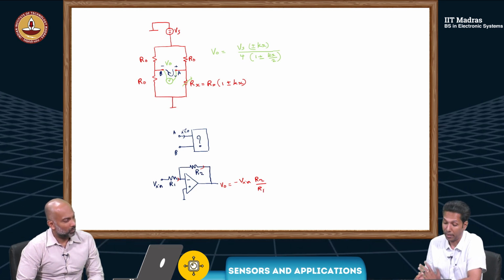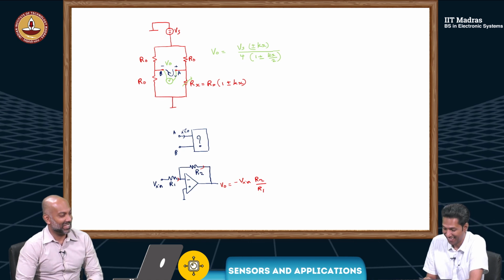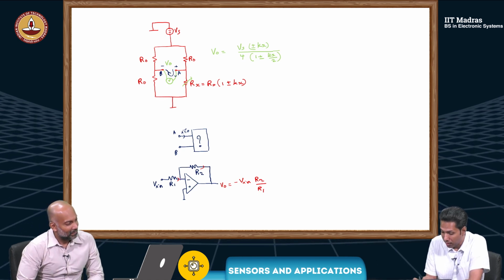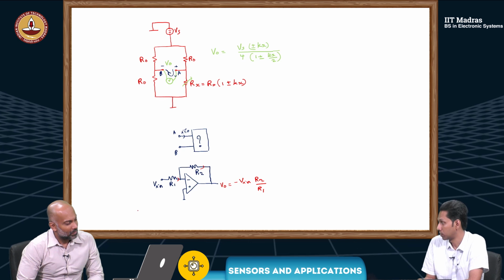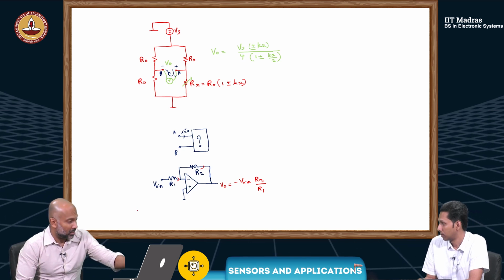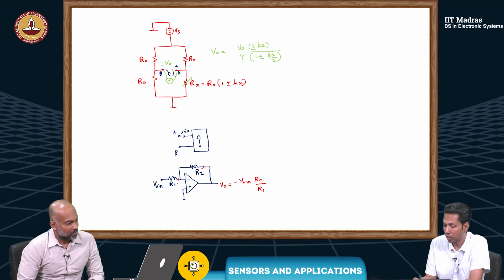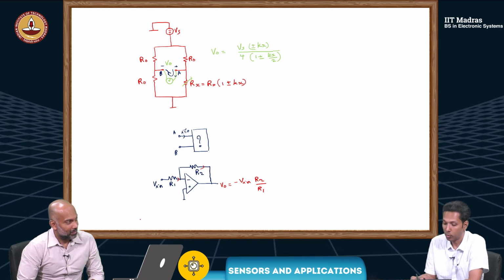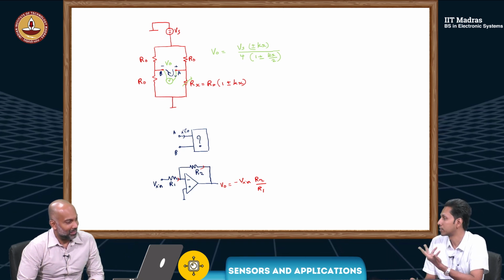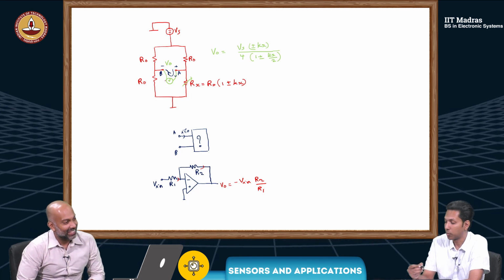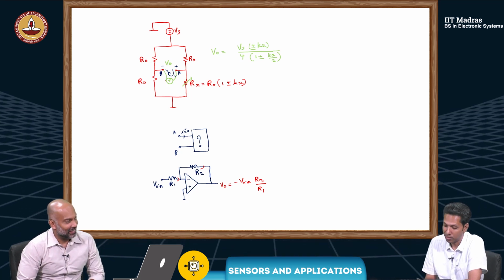This we know, but I don't know whether I can use this because, if you look, it is drawing some current from the source, because there is Vin by R1 current. So the moment I put, let's say, 10K, input impedance is 10K. So I will be drawing some current from here. Not good, not the best.